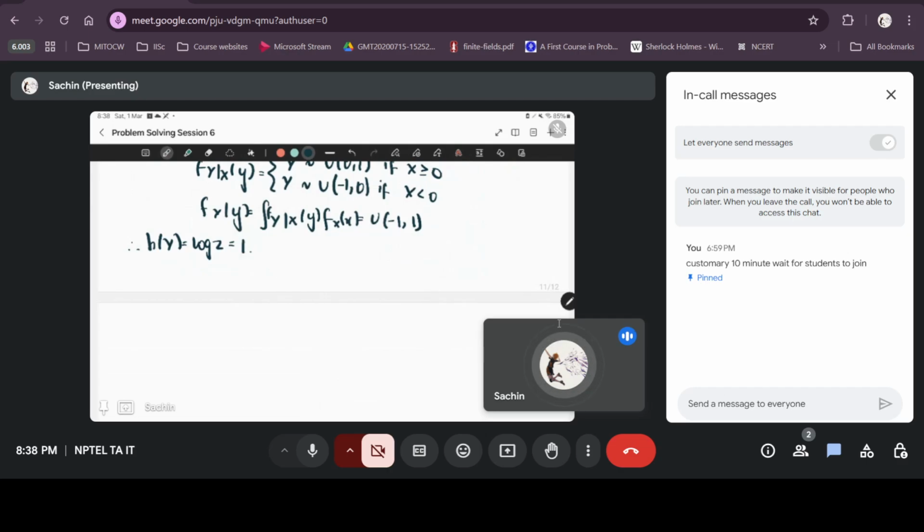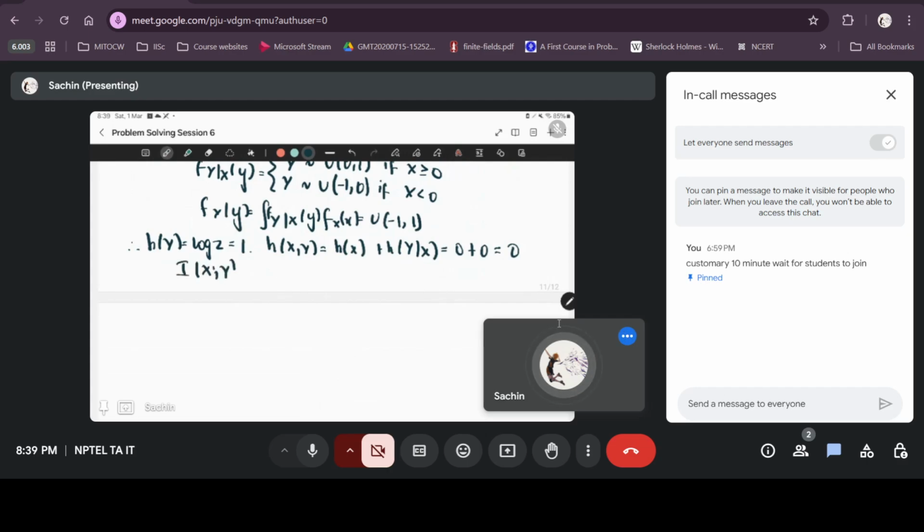So for a uniform random variable distributed as U of a comma b, h of x is log of b minus a. We saw that in one of the previous questions. Therefore, h of y is log of 1 minus minus 1, which is log 2, which is 1. H of x comma y is h of x plus h of y given x. But h of x is 0 and h of y given x is 0. So h of x comma y is 0.